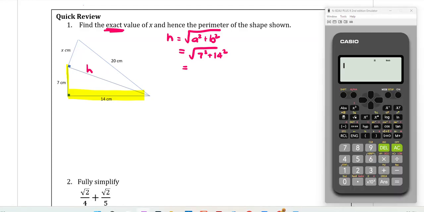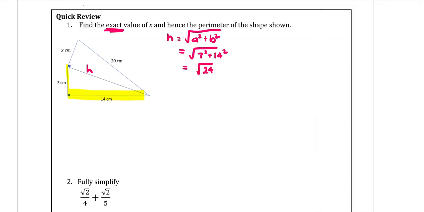So let's just put in 7 squared plus 14 squared, which means it's the square root of 245. Okay, so this side here is the square root of 245.